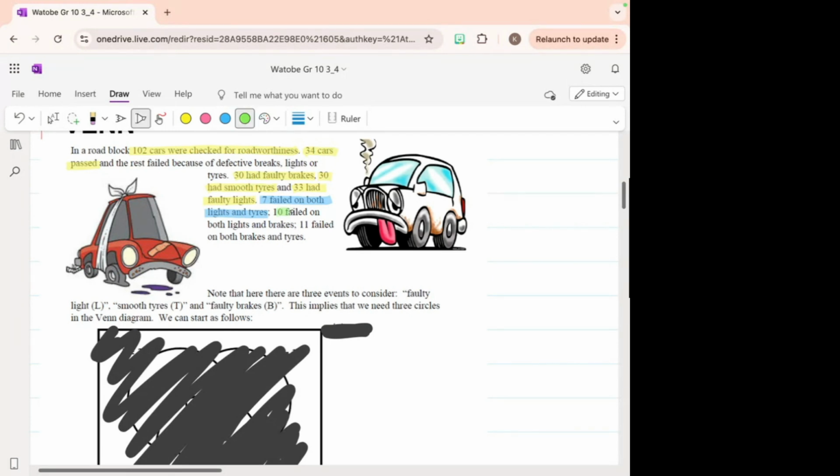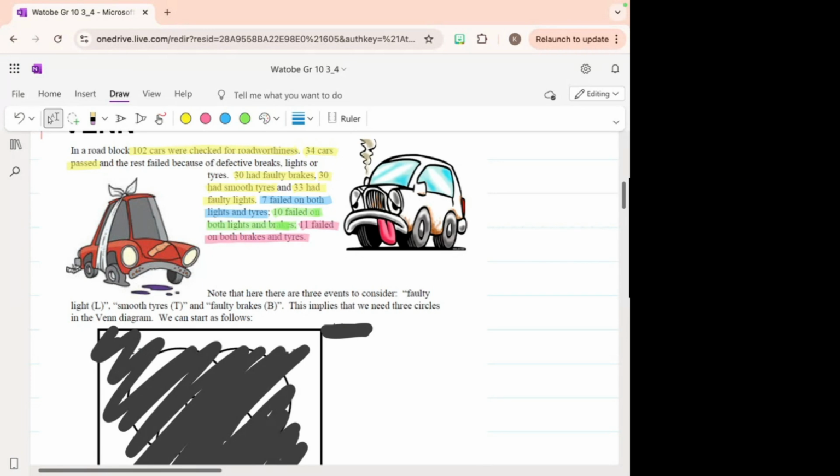So 10 failed on both lights and brakes. And finally, 11 failed on both brakes and tires. Okay.